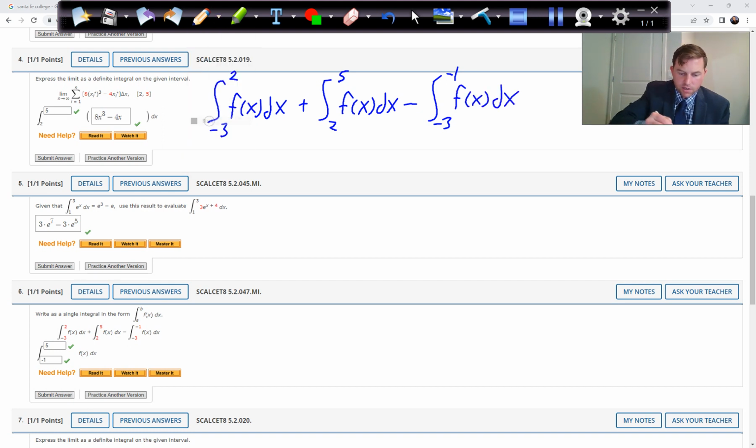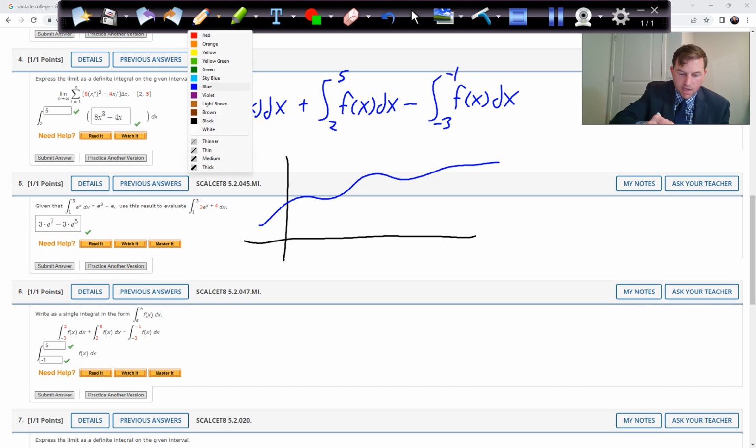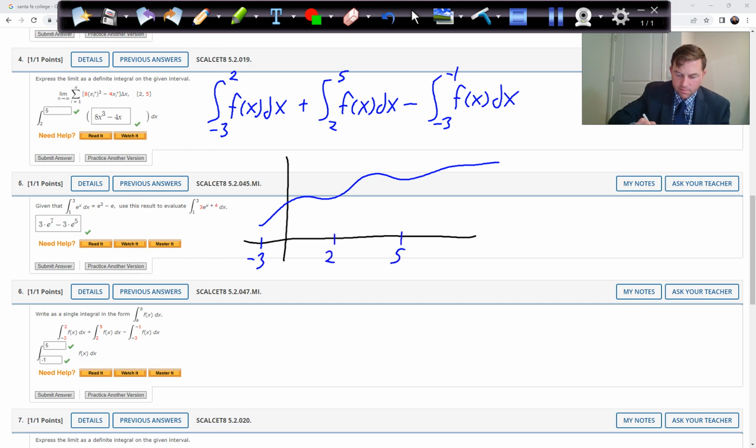Well, this is interesting. The function, let's just draw a random function, and we can say, let's do this, minus 3 to 2, and then 2 to 5.